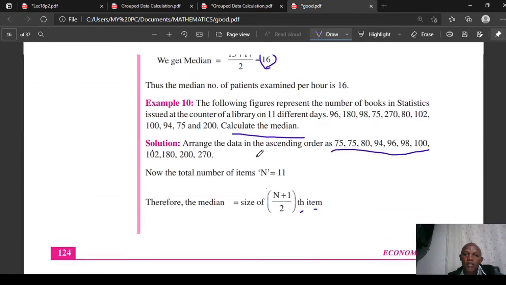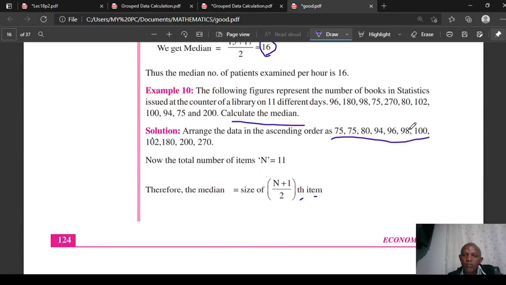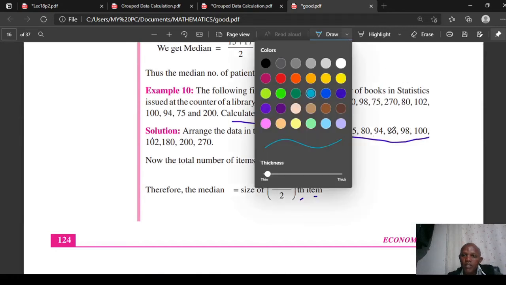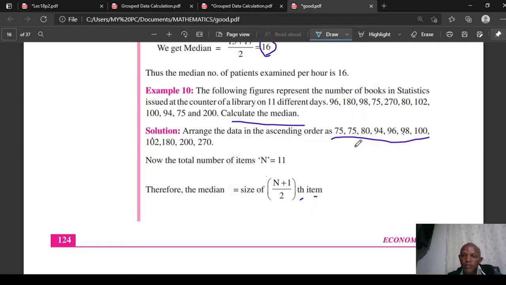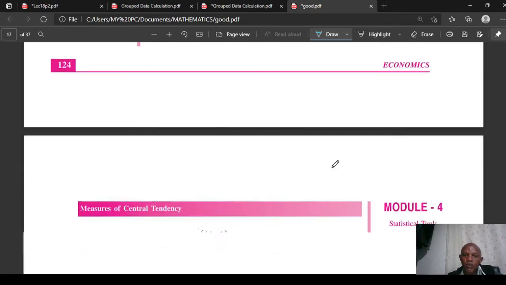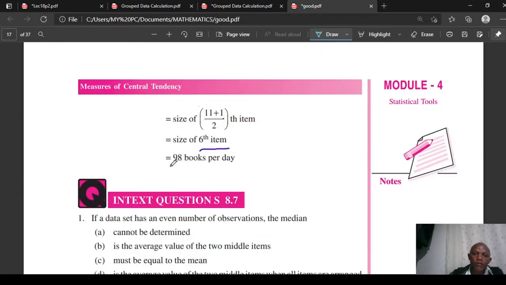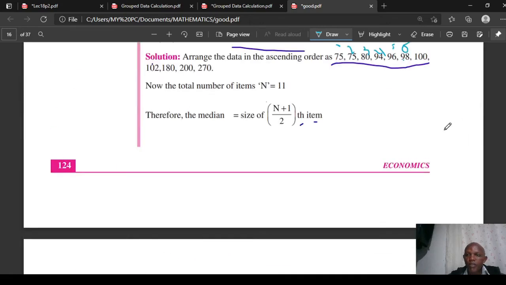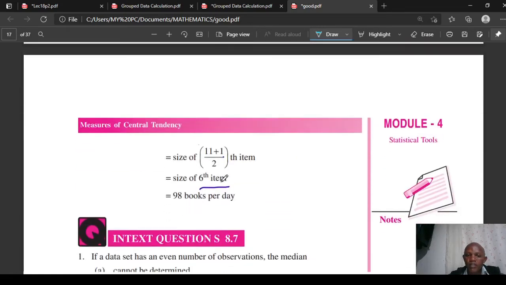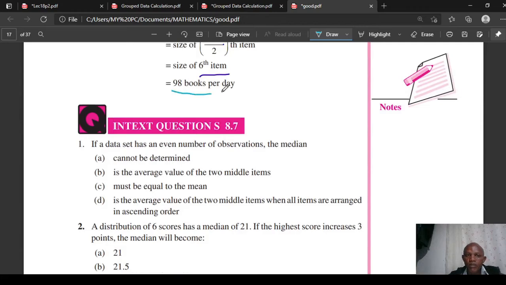If you look at this, the 6th book is 1, 2, 3, 4, 5, and this will be the 6th book. And so the 6th book here will be number 98. As you can see, there were 98 books borrowed per day.